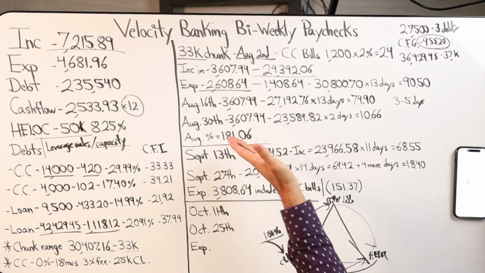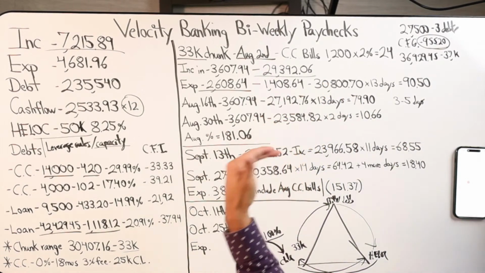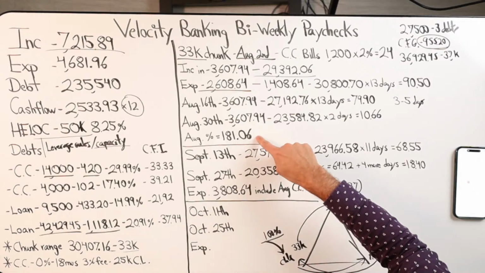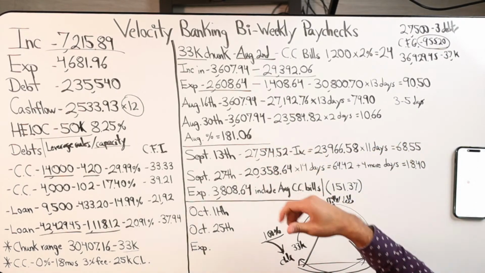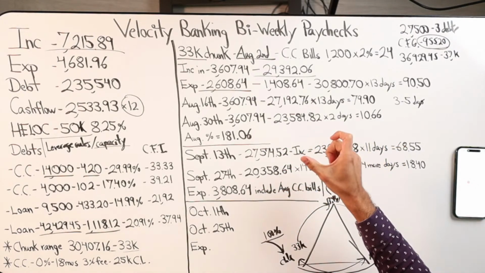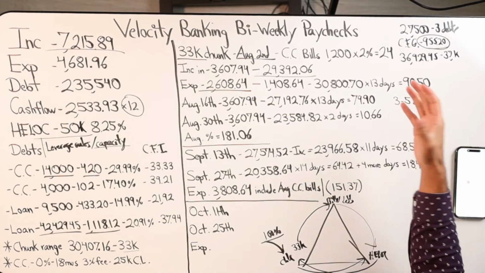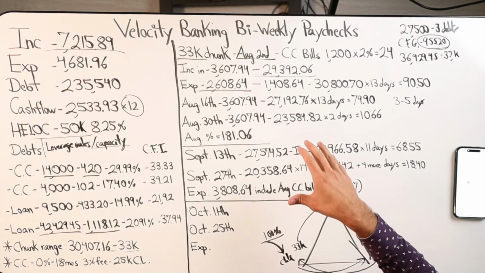Let me ask you a question. Did I pay new interest, or was this pre-existing interest I was going to pay anyways? This $181.06. This is another error I think some people make that don't agree with velocity banking, is they inform us that we're paying more interest. Well, if we're doing it the way that just was described here, I'm not paying more interest.